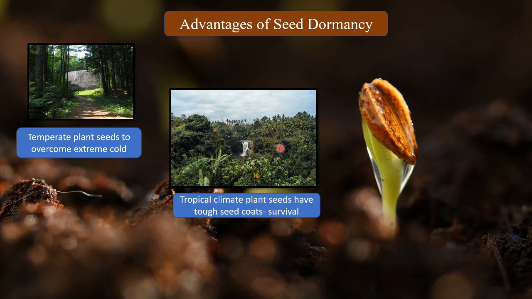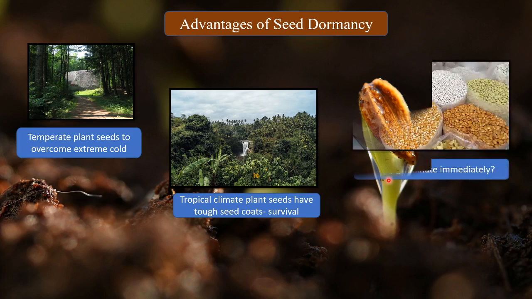Sometimes the environment becomes very unfavorable, and to overcome that environment, again the tropical plants undergo dormancy. An example of a temperate climate is, for example, Pune: year round the temperature there is never very hot and never very low, so the environment there is very pleasant.